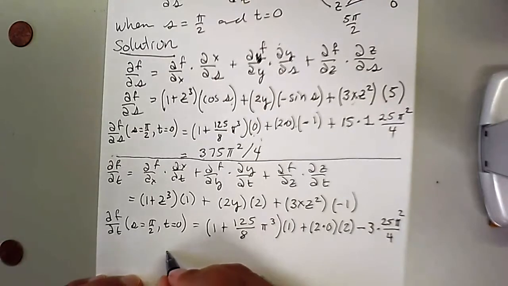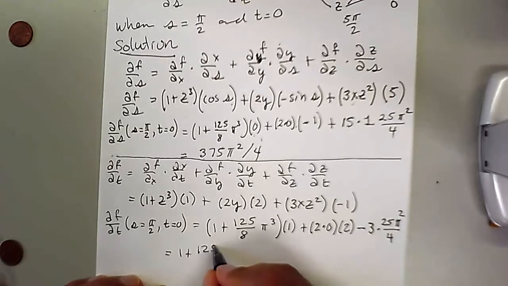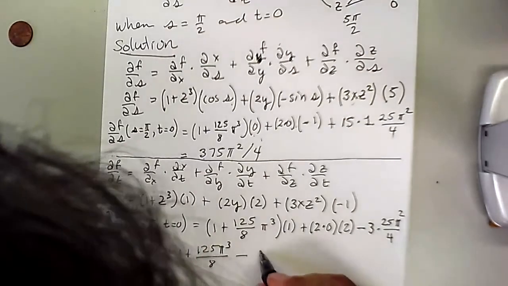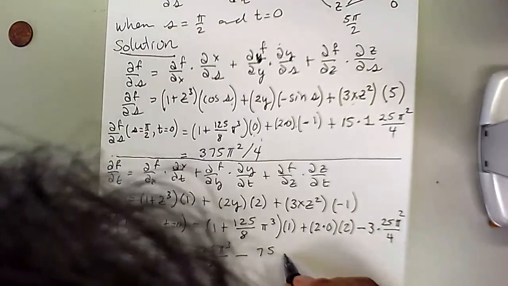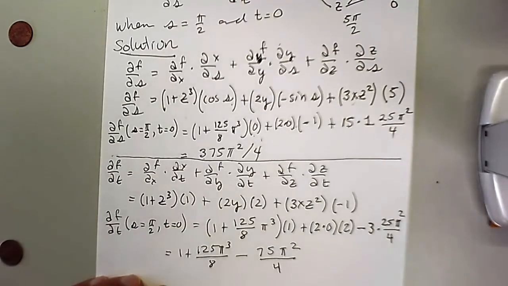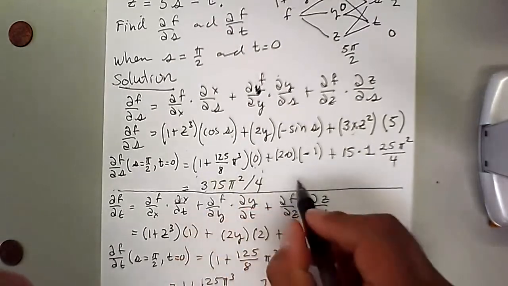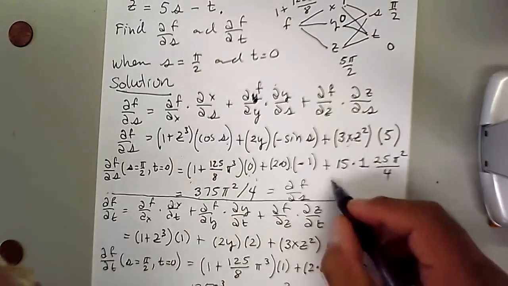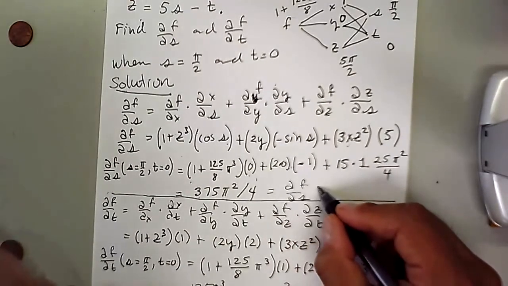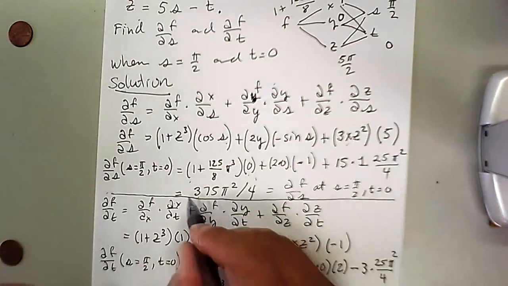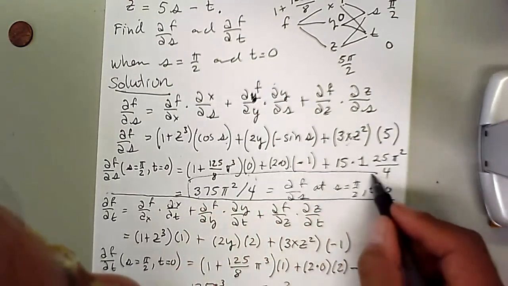Okay, so that is going to be 1 plus 125 pi cubed over 8. That's going to be 0, and then we subtract 75 pi squared over 4. Yep, so this would be the partial derivative of f with respect to s at s equals pi over 2, t equals 0. So this is this part.